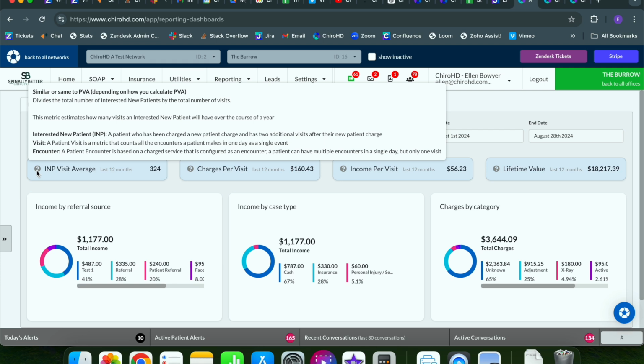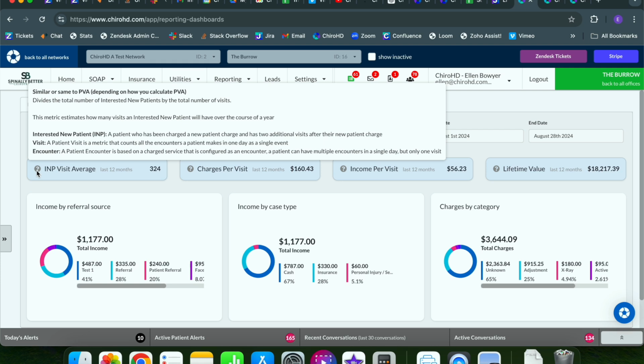For example, if a patient comes in for an adjustment appointment and then a report of findings appointment, and each of those appointments receive 2 different charges, but they're both on the same day, that would be 2 encounters for the patient because there are 2 different charges, but it's 1 visit, 1 data service that the patient came in.